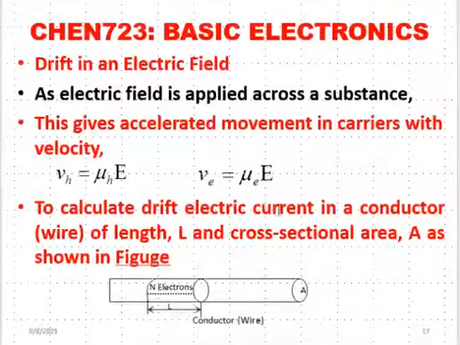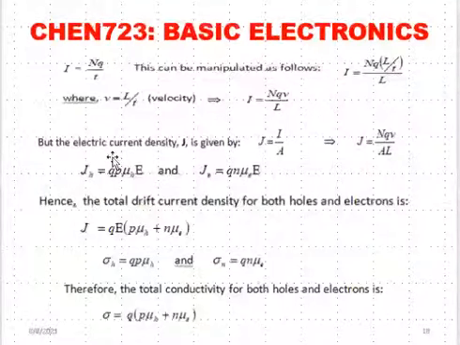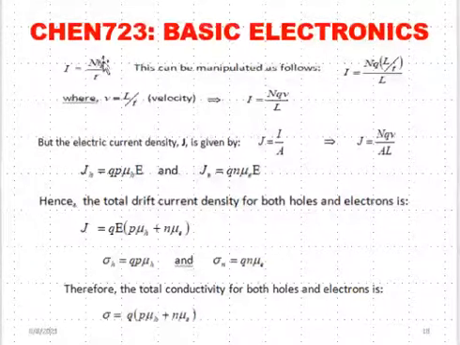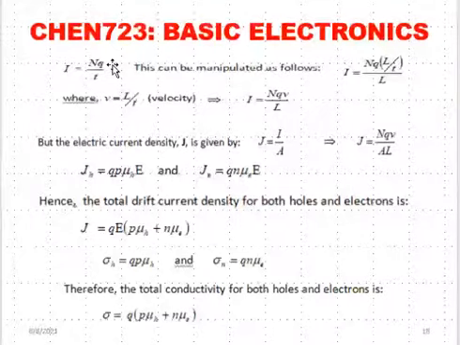Now, if you want to calculate the drift current, that is the current created as a result of the flow of charge carriers, electrons for example, through a conductor, we assume this diagram. This is our conductor, and it has a length of L from here to here, and the cross-sectional area is A. As we know from secondary school physics, current is equal to charge per unit time, and NQ is the total charge, where Q is the charge of a single electron and N is the number of electrons.